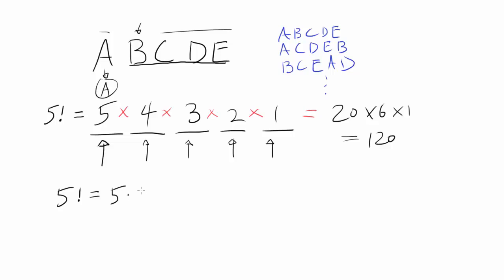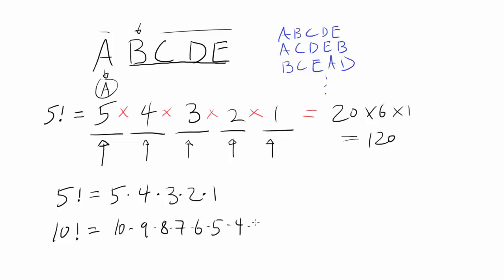You start with 5, and you multiply by the next smallest integer, all the way down to 1. So 10 factorial is going to be 10 times 9 times 8 times 7 times 6 times 5 times 4 times 3 times 2 times 1.